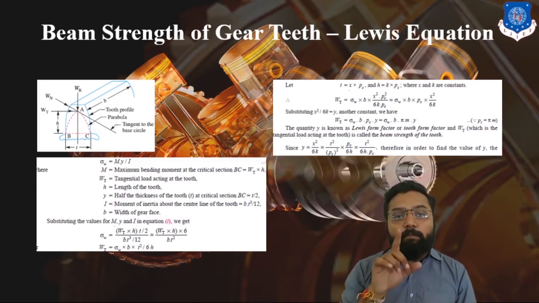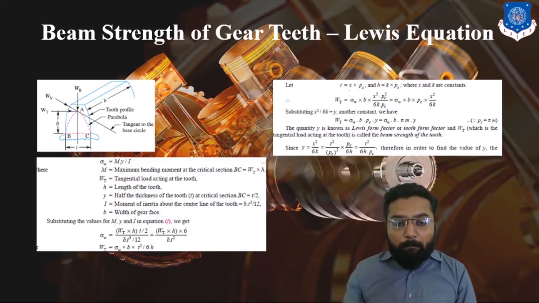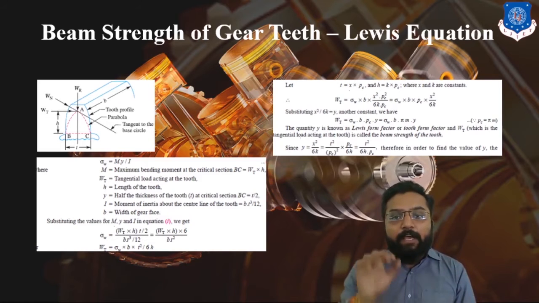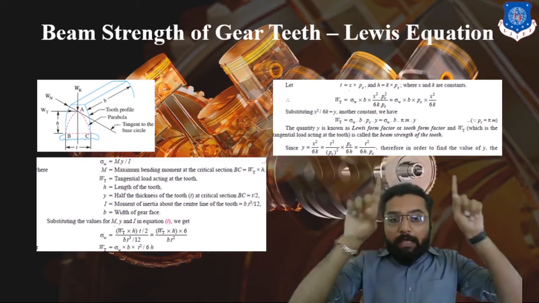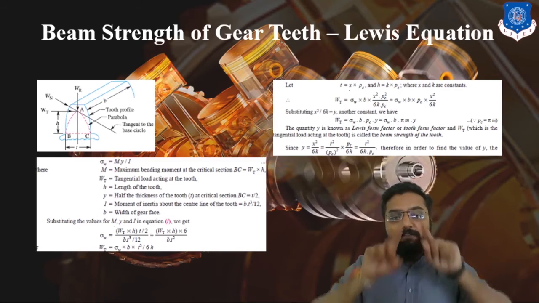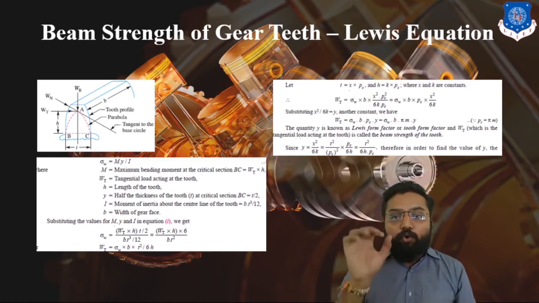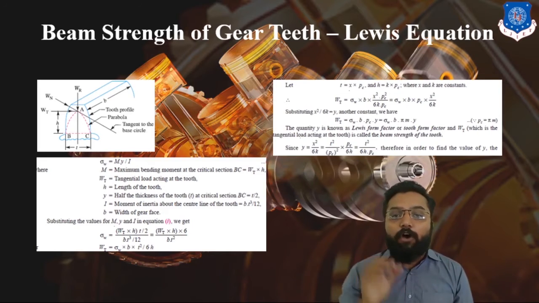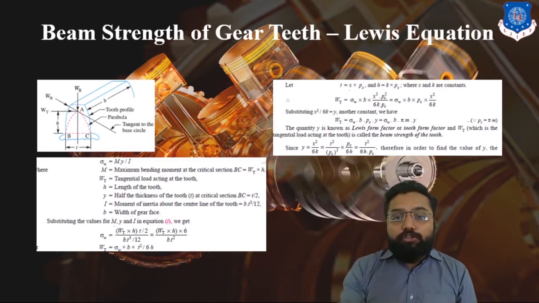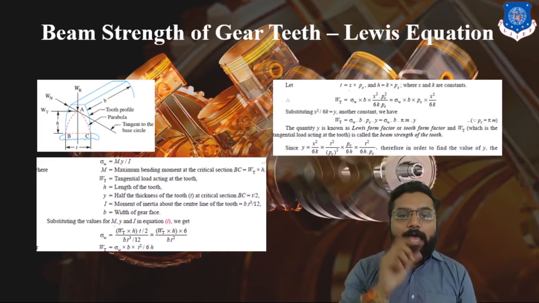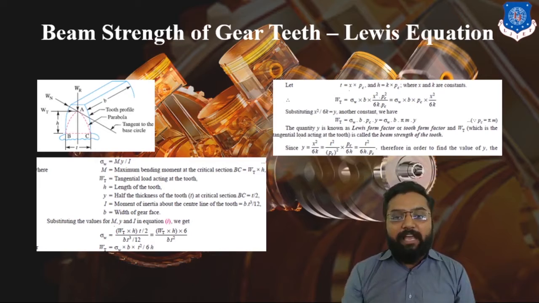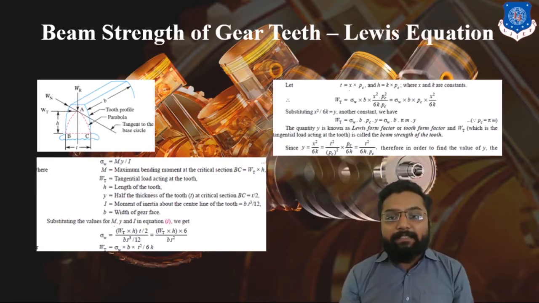Now we have to treat this tooth as a component or element of a gear, so it should have a sufficient condition for a circular path. To consider it as a circular path, we have to convert in terms of the pitch circle. To convert into the pitch circle, we have to divide by some fraction, and here that fraction is x.